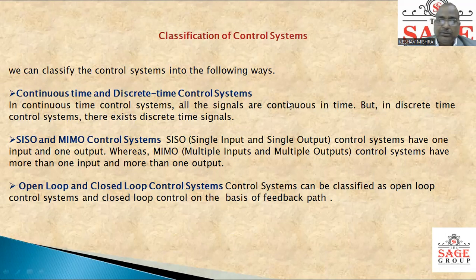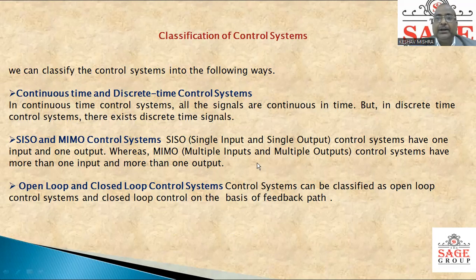In context to continuous time control systems, another type is the discrete time control system. They will definitely respond to discrete time signals. Discrete time signals are ones which can be defined only at some specific instants of time. By the process of sampling, we can convert a continuous time signal into a discrete time signal.